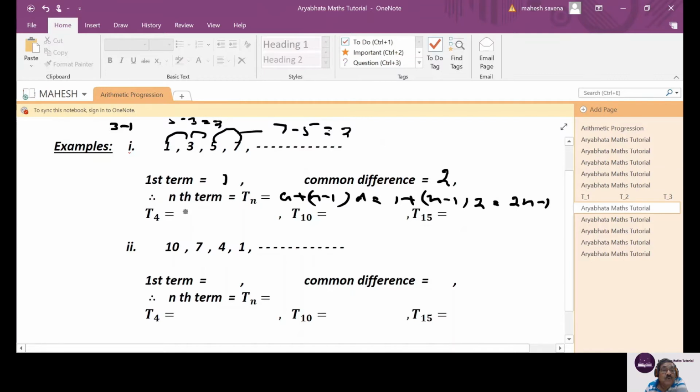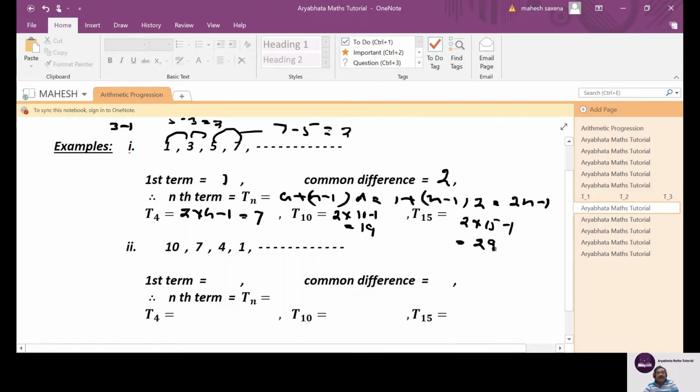Therefore, it will be 2 into 4 minus 1, that is 7. Here the fourth term is coming 7. T10 will be 2 into 10 minus 1, that is 19. The 15th term will be 2 into 15 minus 1, that is 29.